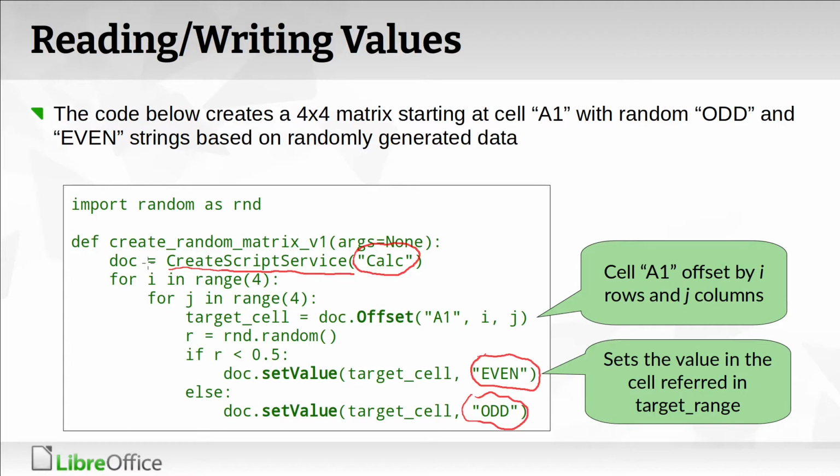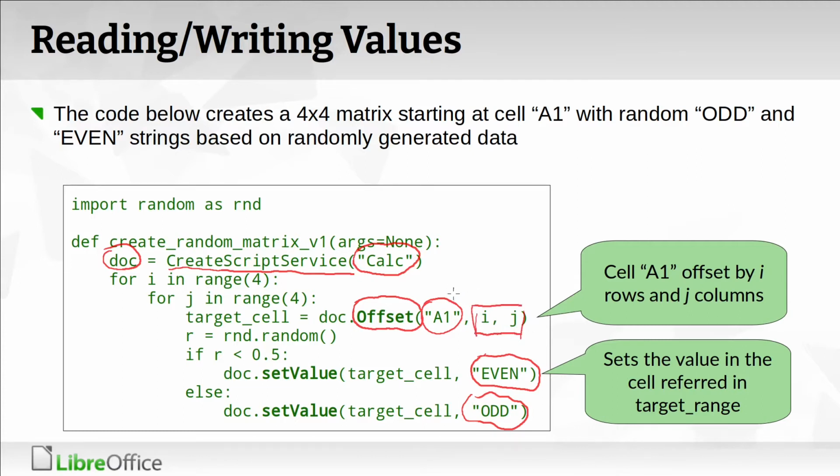So doc is a reference to the current document, and then we use the method Offset. This method is from the Calc service. What it does, starting from an address, is offset it by an amount of rows and columns.